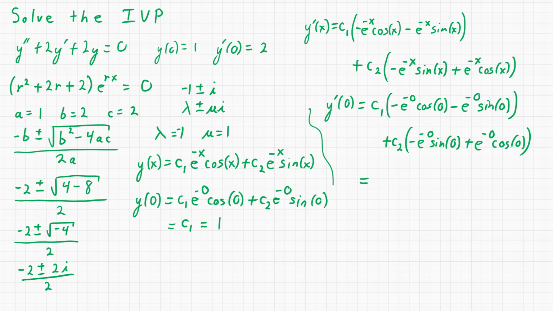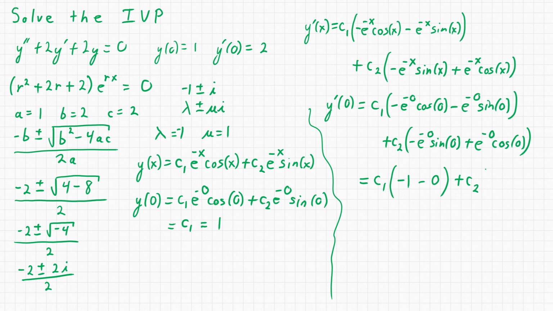This ends up equaling c1 times negative 1, since e to the negative 0 is 1 and cosine of 0 is 1, so I have a negative 1. Then I have minus 1 times 0, since the sine of 0 is 0. It's not that bad.